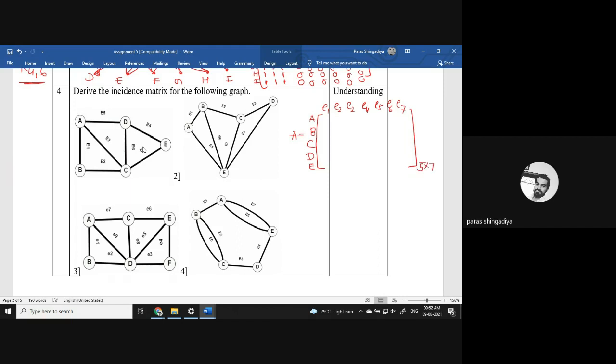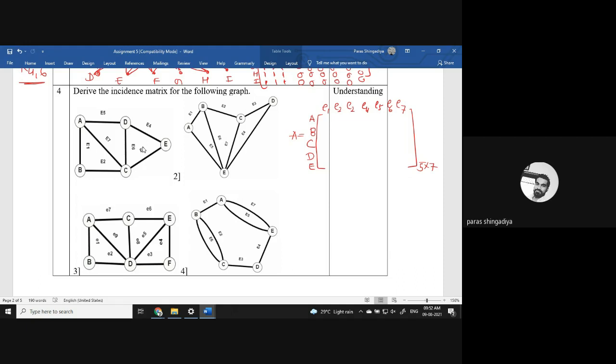Here 5 by 7. Now let's fill the entries with 1 and 0. We'll check the first vertex and check its incidence relation with all the edges. If they are incident, then we'll put a 1. If they are not incident, we'll put a 0.